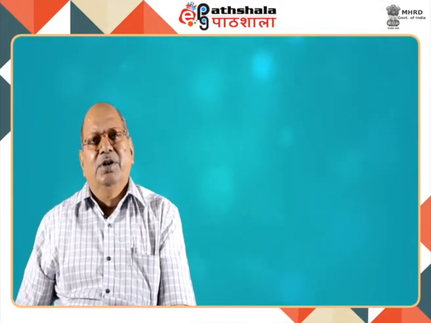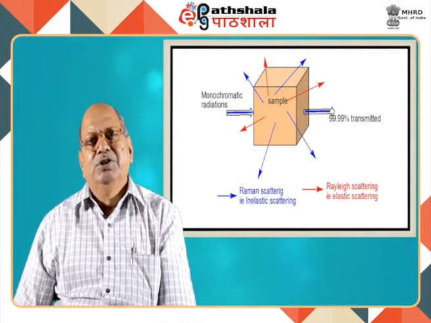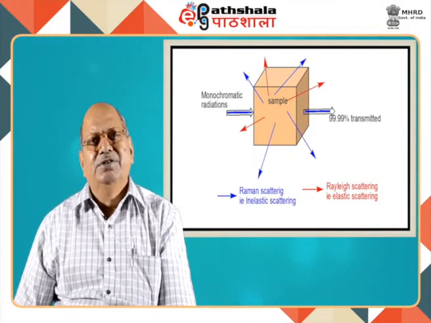The phenomenon of scattering may be viewed as shown in figure 1. In figure 1, we are showing the monochromatic radiation. This passes through to give nearly 99% transmitted light, and also the scattered light.